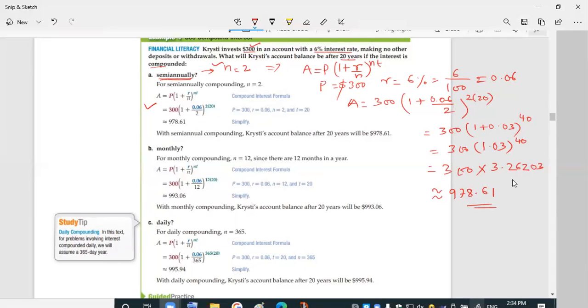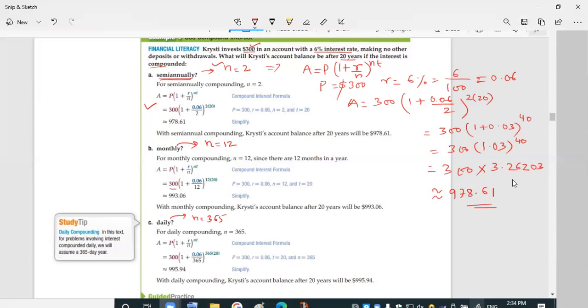If we are taking monthly, for monthly, how many times will it be compounded in a year? 12 times, because there are 12 months in a year. Semi-annually means 2 times. And daily means 365 days in a year, so N is equal to 365. You just have to change the values here.